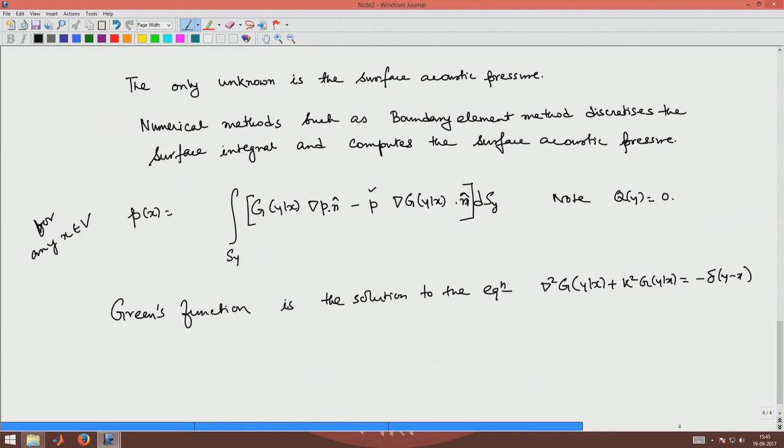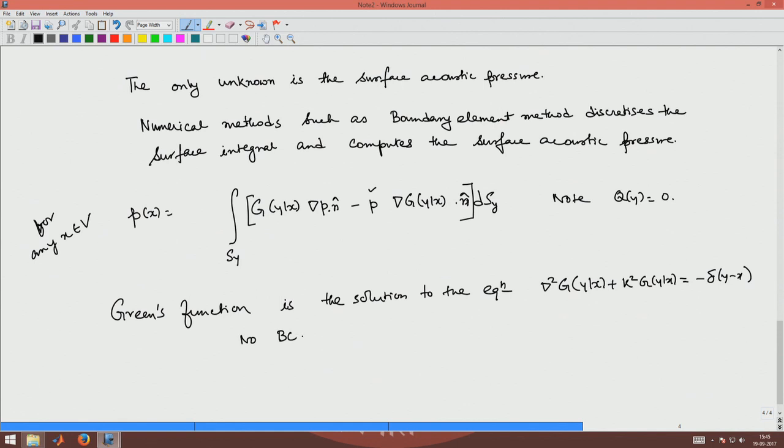Please note that in this definition of Green's function, we have actually not specified the domain of the Green's function. It could be anything. We have not specified any boundary condition or the domain of application of this equation. So, no boundary conditions or domain of solution of the problem is specified in this definition.